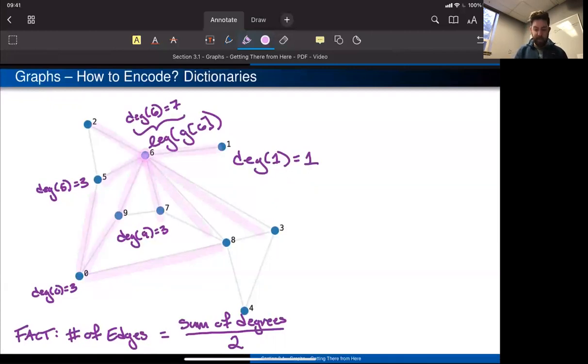So the number of things that 6 is connected to is 1, 2, 3, 4, 5, 6, 7. So the degree of that thing happens to be 7. So that's a little bit of the terminology.